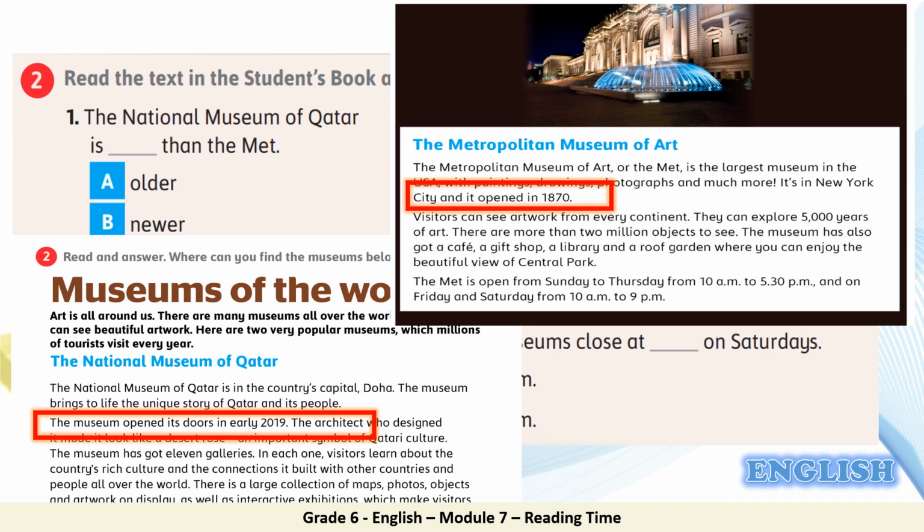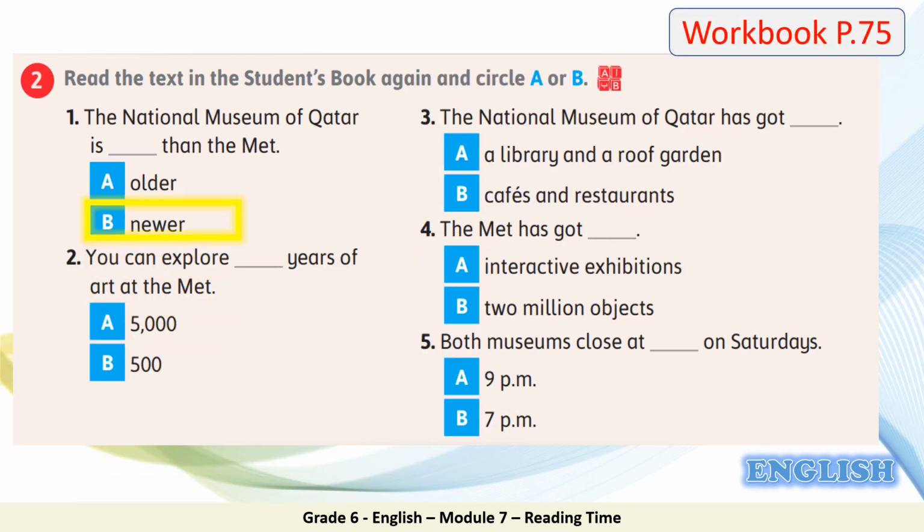What about the Metropolitan Museum of Art? Yes, here in paragraph number 1, it opened in 1870. So which one is newer or which one is older? Remember, the sentence started with the National Museum of Qatar. Well done. Yes, the National Museum of Qatar is newer than the Met.